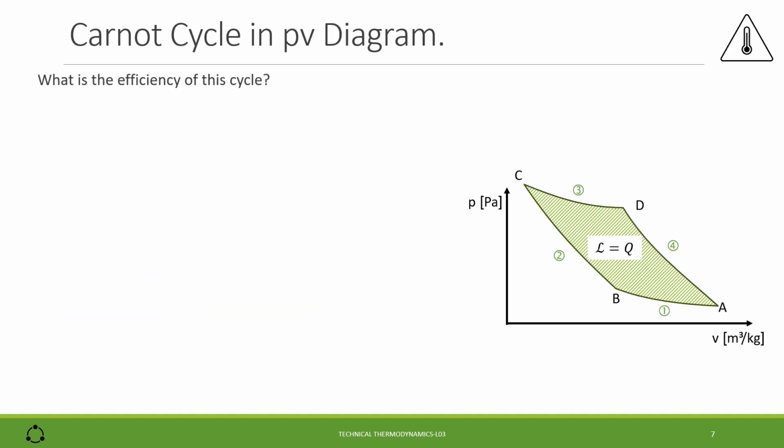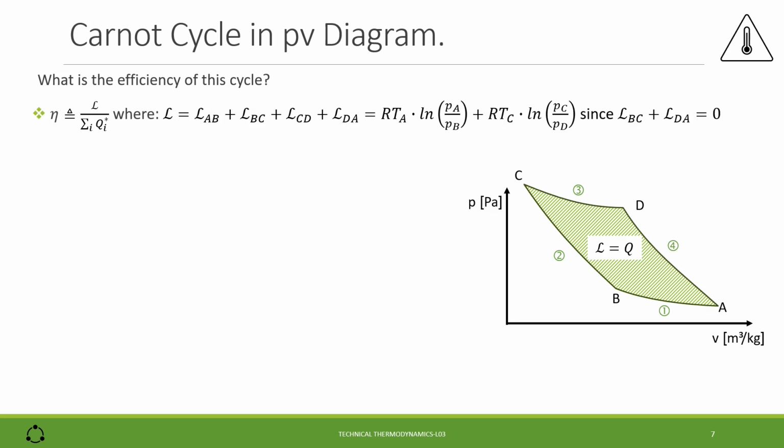What is the efficiency of this cycle? The efficiency is, per definition, always the ratio between the work and the sum of positive heat, where the work is the sum of the works of every transformation, but since the work at BC is opposite to the work at DA, there remain only the work along the transformations AB and CD, also the works along the isothermal transformations.